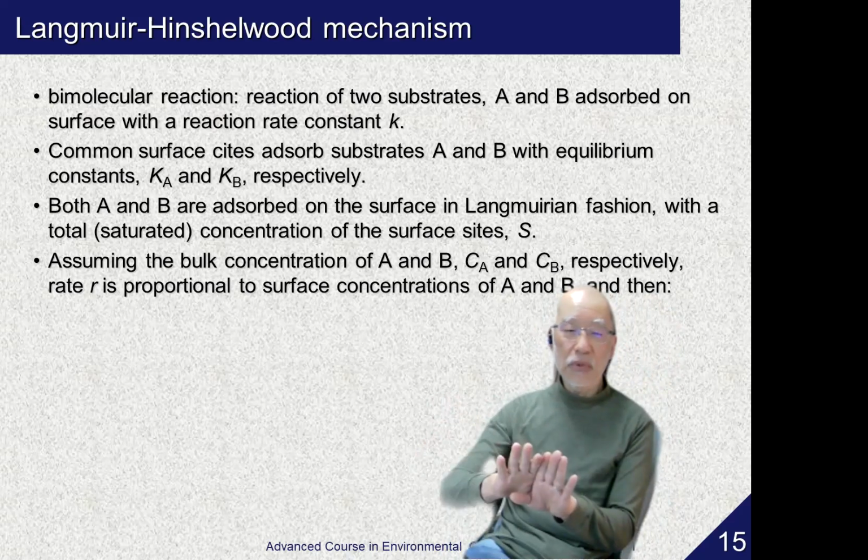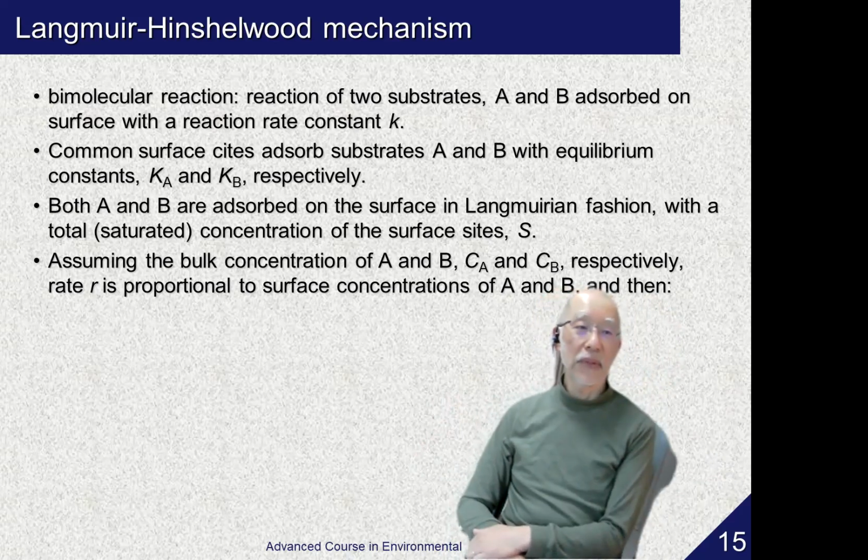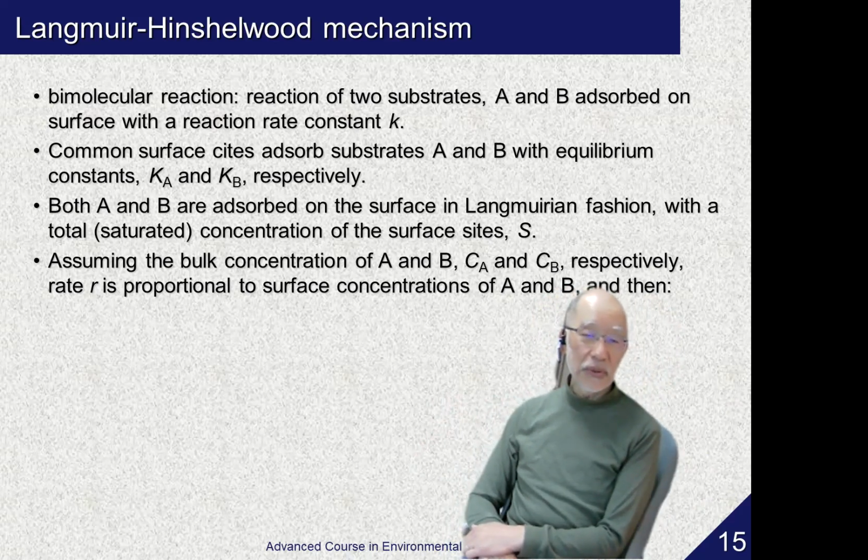By multiplying these two, this is proportional to the reaction rate. So I think you can derive the equation for the Langmuir-Hinshelwood mechanism, where two kinds of substrate react on the surface.